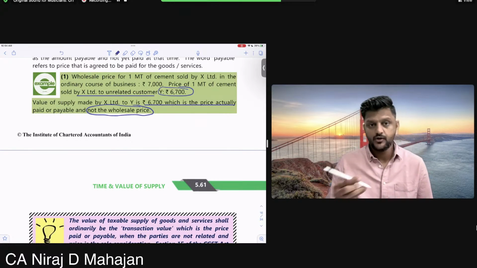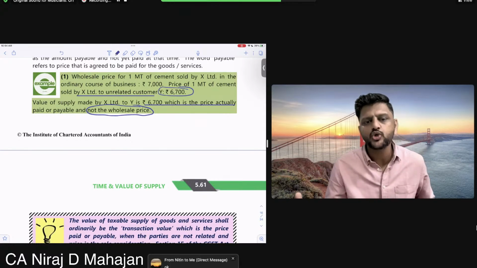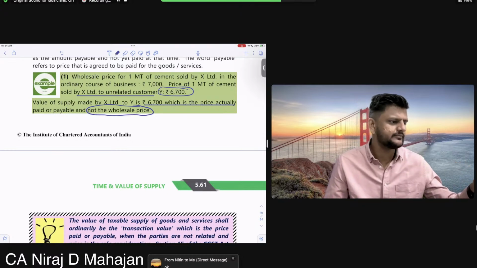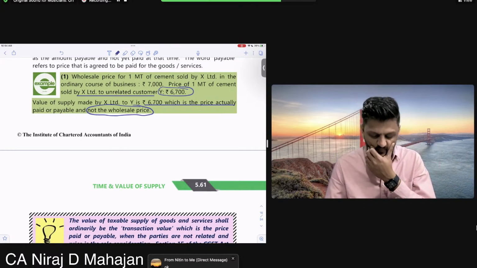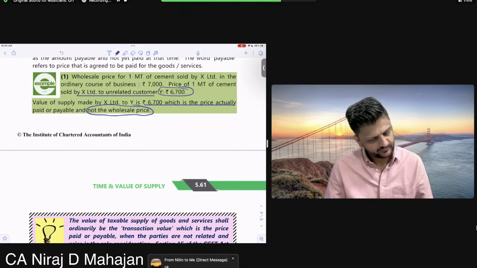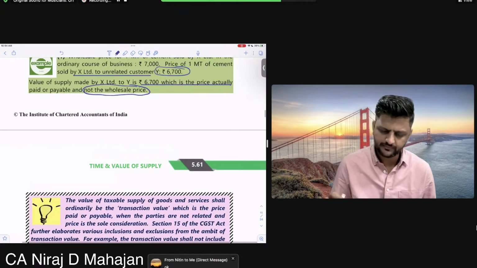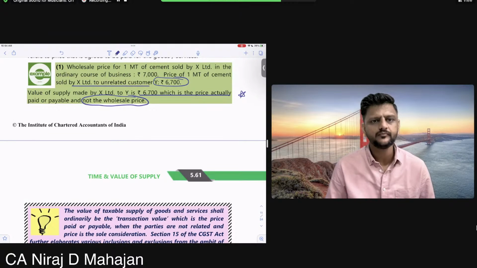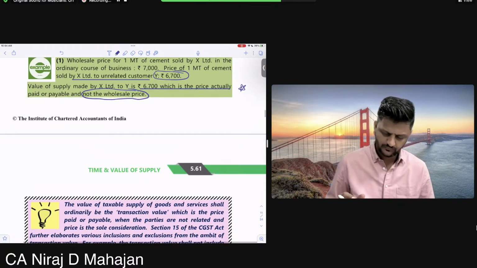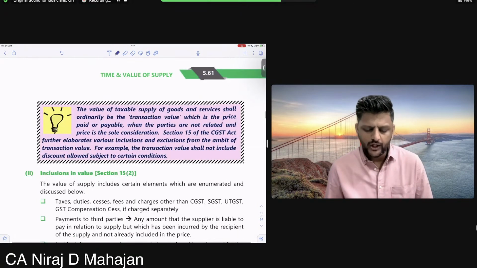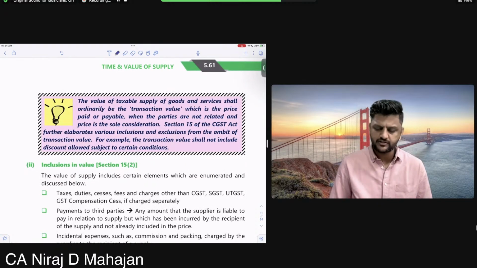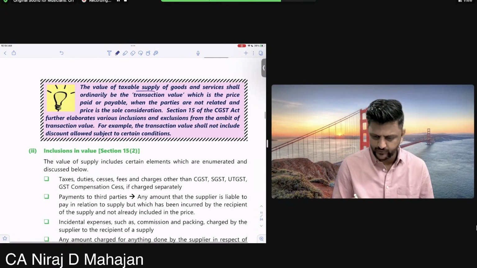Clear till here? So even if you are selling at a discount, nobody can stop you, isn't it? Star mark this. The value of taxable supply of goods and services shall ordinarily be the transaction value. What is transaction value?